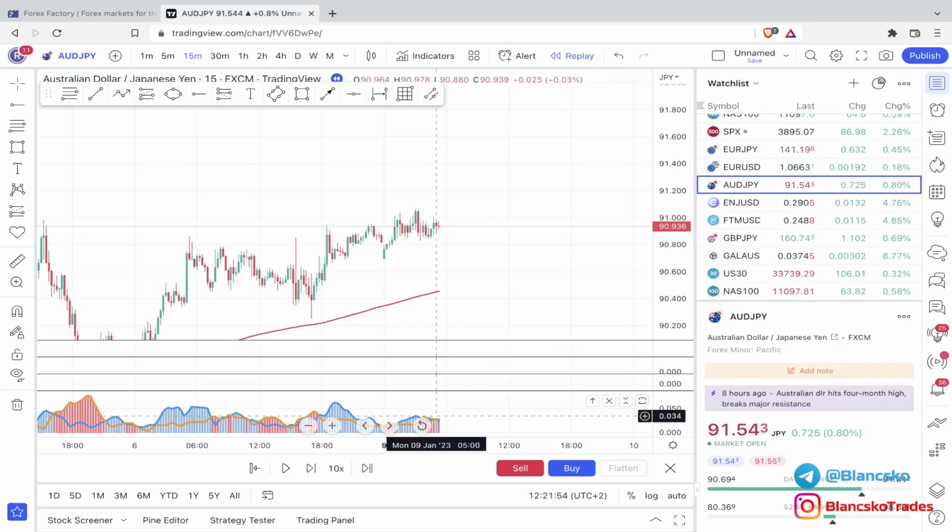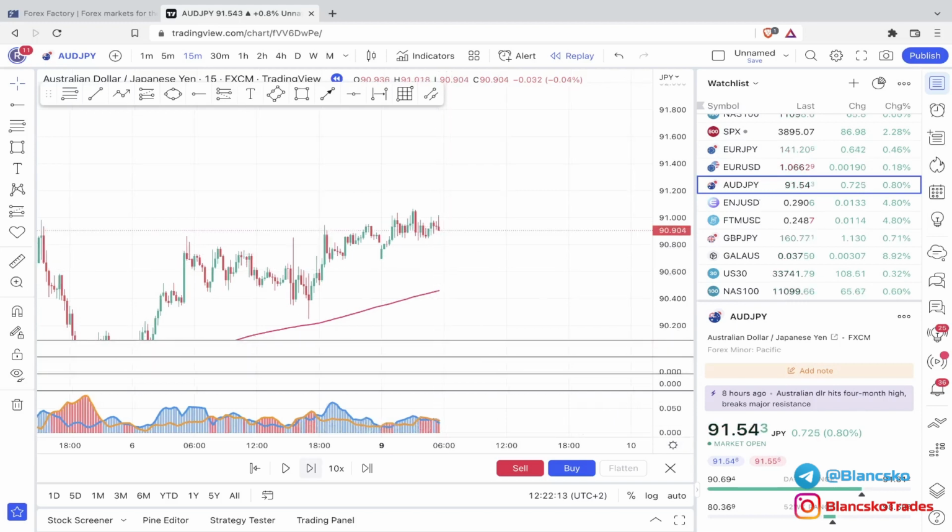But check this out, we already had a blue signal right on this candle, but the candle was bearish. So in this situation, it's up to you. You can either take the risk or you can wait for a bullish candle to occur. But since the next signal was red, now I am not looking for a buy anymore.